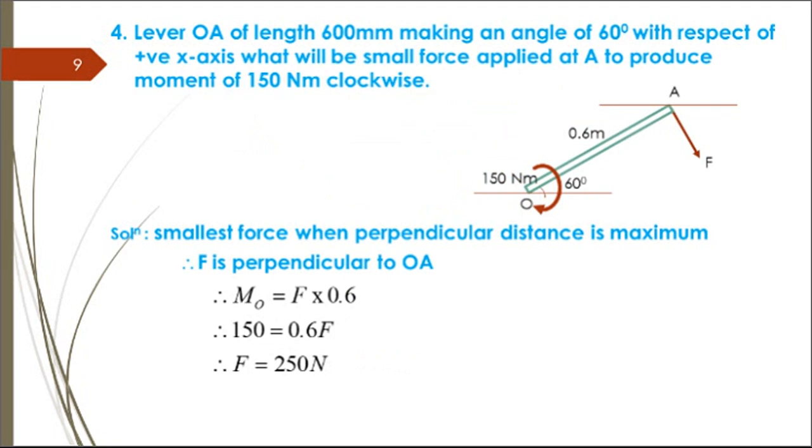Lever OA of length 600 making an angle of 60 degree with respect to positive x-axis. What will be the smallest force applied at point A to produce the moment of 150 Newton meter clockwise?